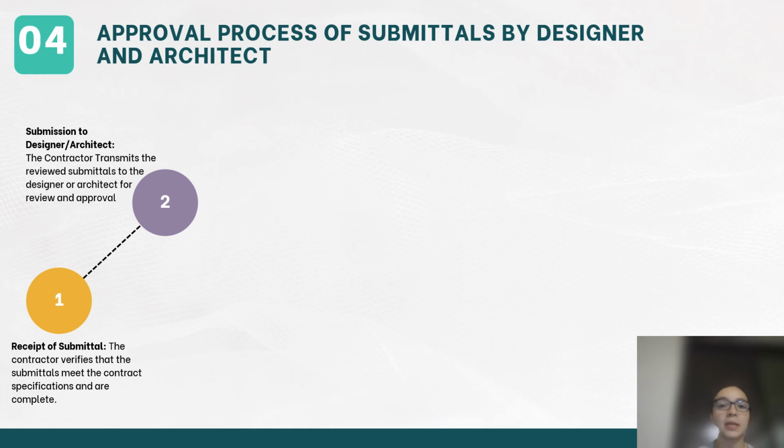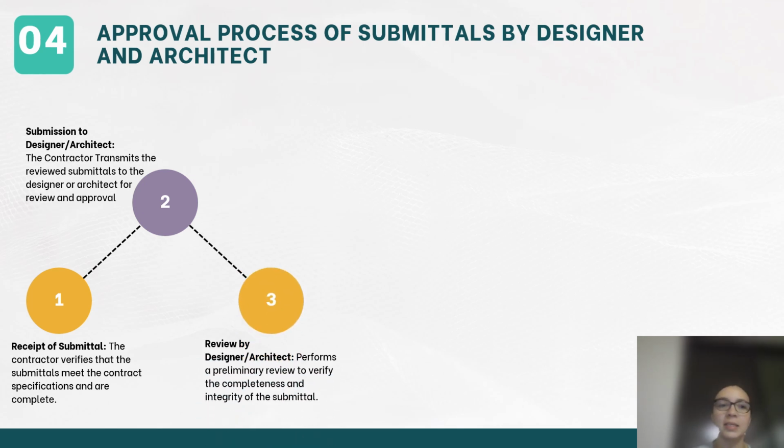The contractor transmits the reviewed submittals for review and approval. The third one is review by designer and architect. A preliminary review checks completeness, followed by a detailed review for compliance.